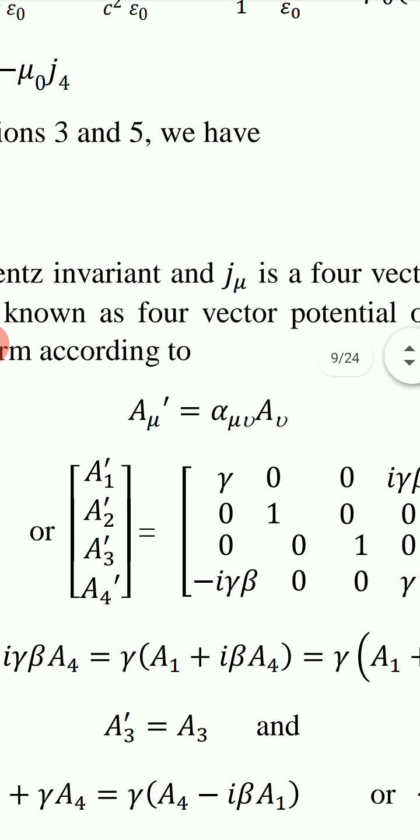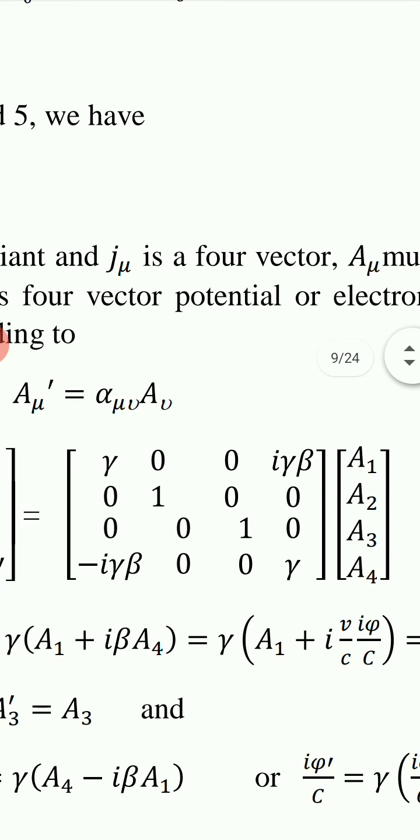A mu dash is written as column matrix having 4 components A1 dash, A2 dash, A3 dash and A4 dash. Alpha mu nu is this 4 by 4 square matrix, and A nu is a column matrix having 4 components A1, A2, A3, A4.